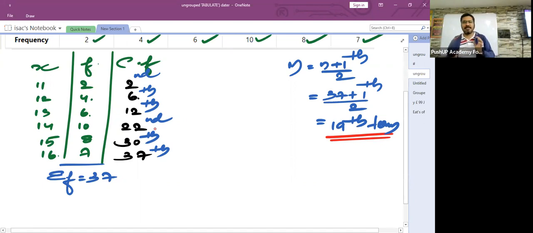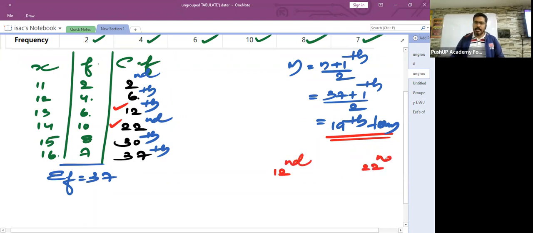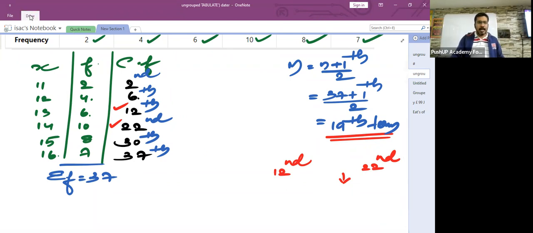Children, very simple it is. Here did you find the 12th term? Here did you find the 22nd term? A very common sense related question I will ask you. Children, don't you feel the 19th term will be placed somewhere in between the 12th and the 22nd term?